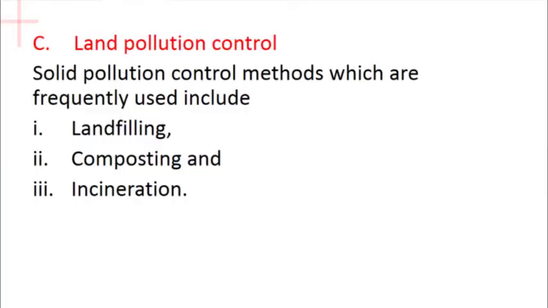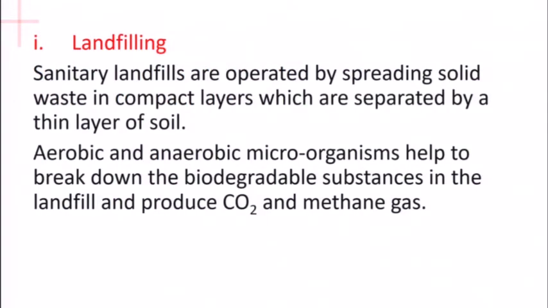Now, coming to the third, land pollution control. Solid pollution control methods which are frequently used include landfilling, composting and incineration. Landfilling. Sanitary landfills are operated by spreading solid waste in compact layers which are separated by a thin layer of soil.